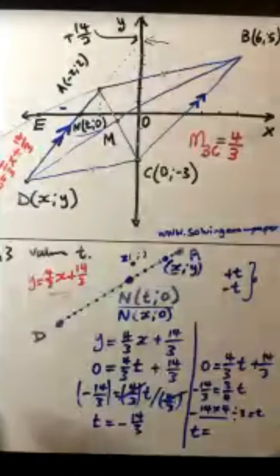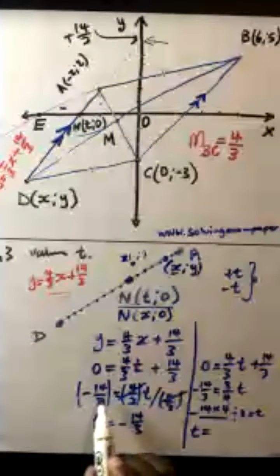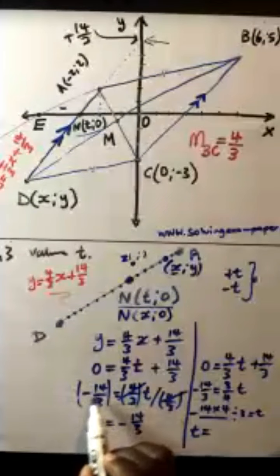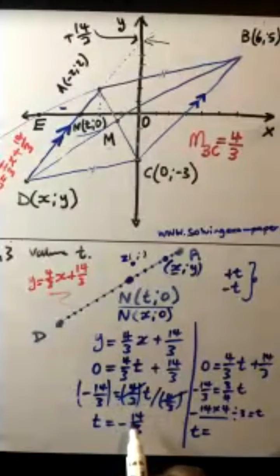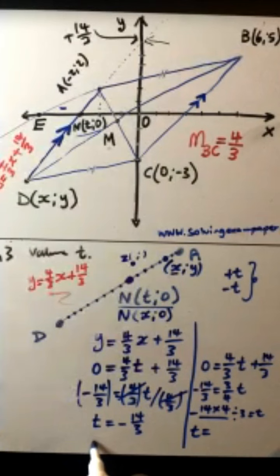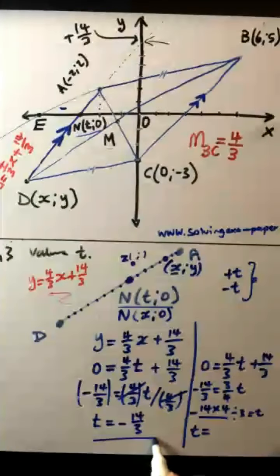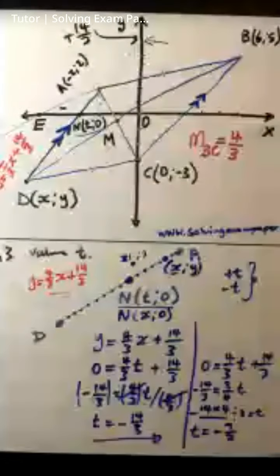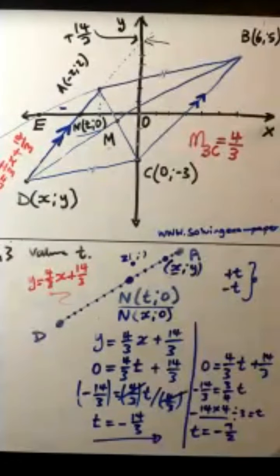Yeah. I've just noticed somewhere something went wrong. Guys, what are you getting when you say negative 14 over 3 divided by 4 over 3? What answer are you getting? Are you getting this, or are you getting negative 7 over 2? I'm getting negative 7 over 2.